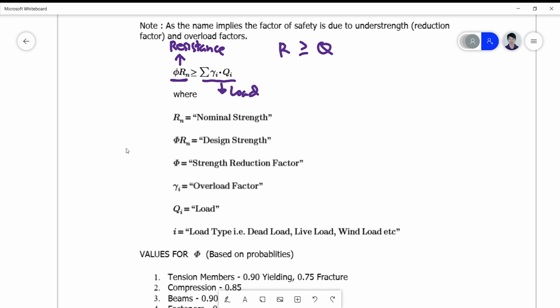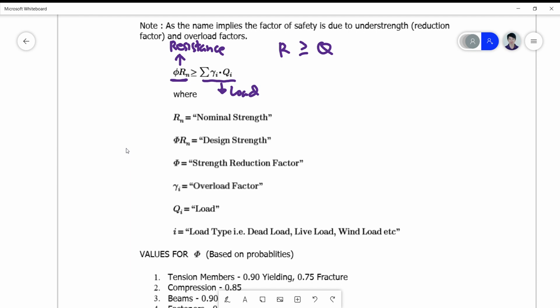And the subscript i there only refers to an index that will give you the load type, which is, for example, the dead, the live, the wind, etc.